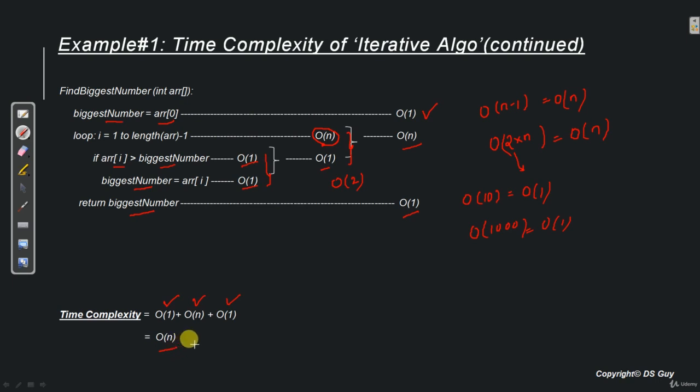Why are we saying order of n and not order of 2? Because this order of 1 and this order of 1 are constants and we can safely eliminate them. Now let's quickly see why we eliminate these constant numbers. Are they not important for us? Let's say in this order of n, the value of n is 1 billion.